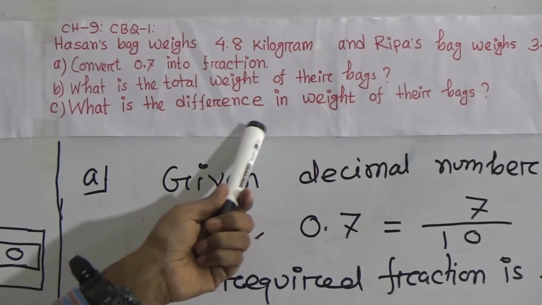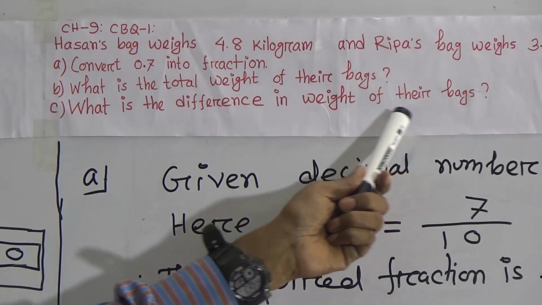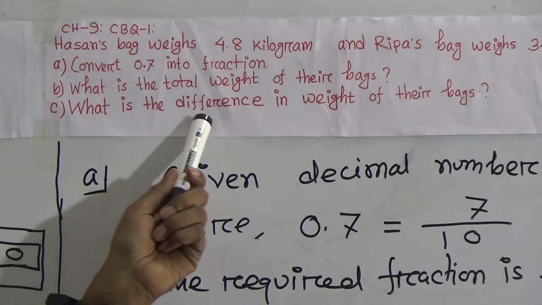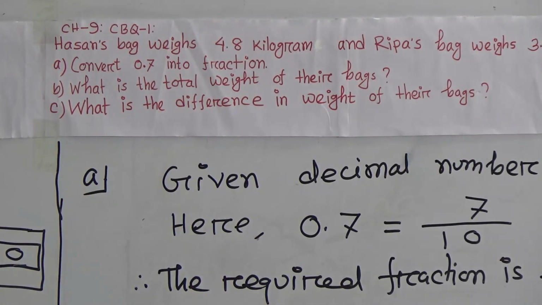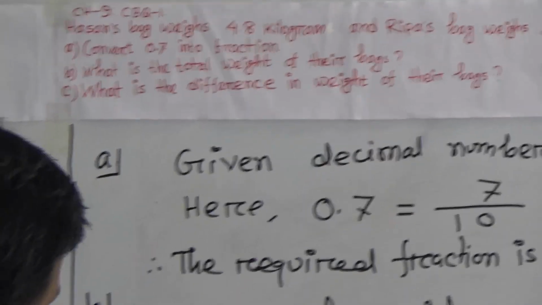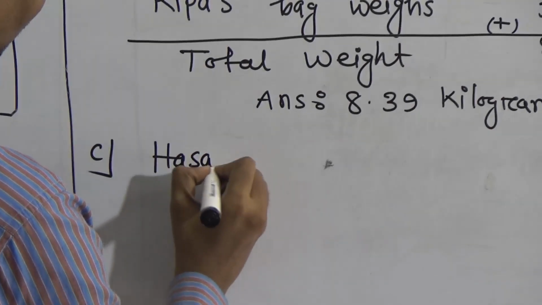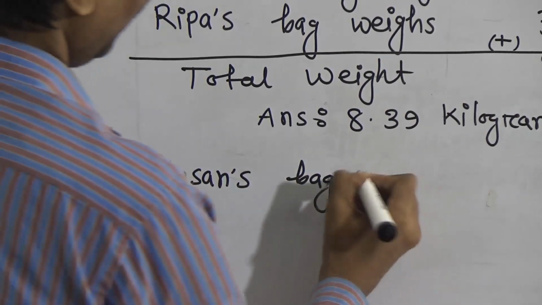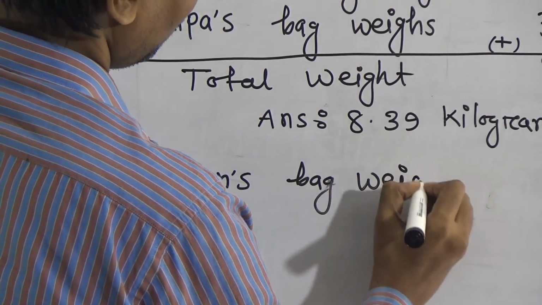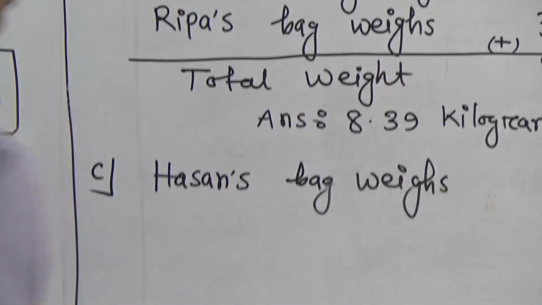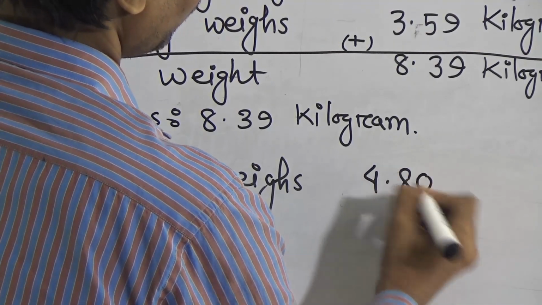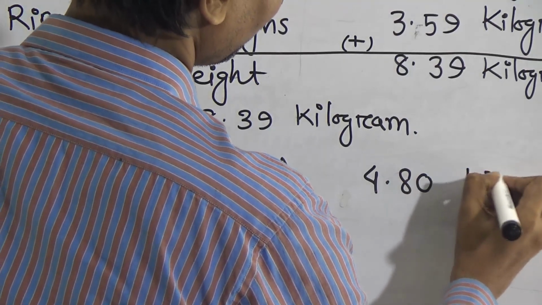Now I would like to solve the question number C. You see the question number C. What is the difference in weight of their bags? Using the stem, we have understood that difference means subtraction. Now write here, Hassan's bag weighs 4.80 kilogram.